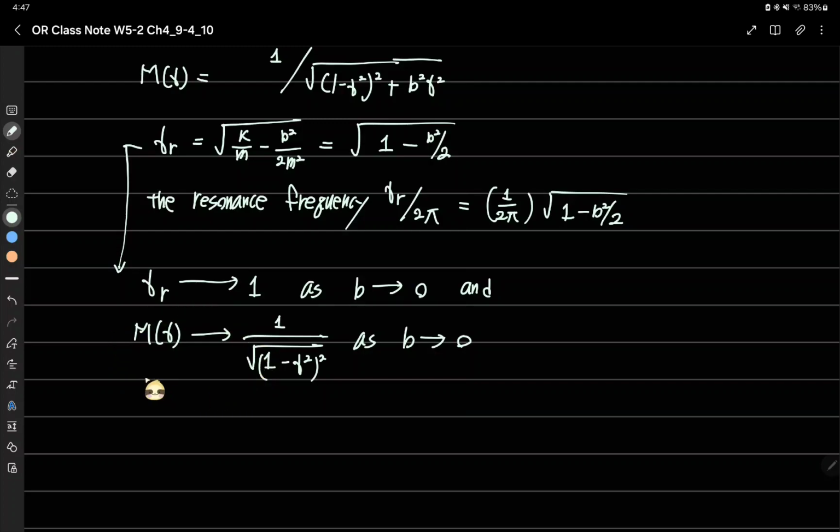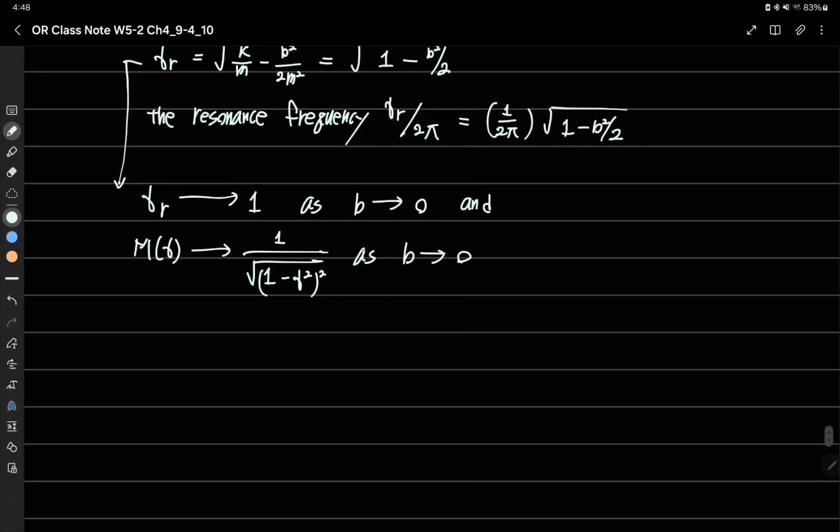So what's the maximum value of the frequency gain? The frequency gain has the maximum value at gamma equal to gamma r, but if gamma r approaches 1, then 1 minus gamma r squared approaches 0. So this one approaches infinity. Got it? So finally M of gamma r approaches infinity as gamma r approaches 1 as b approaches 0.